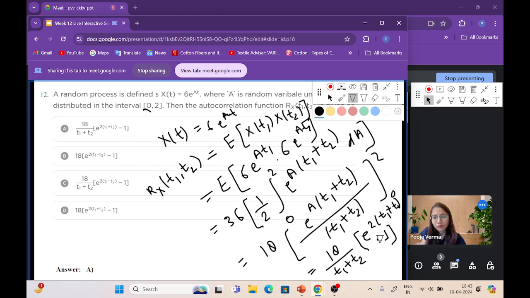Okay, so which one is the correct answer? The answer we got is 18 divided by (t1 plus t2), in brackets e to the power 2(t1 plus t2) minus 1. So option A is the correct answer for this question.